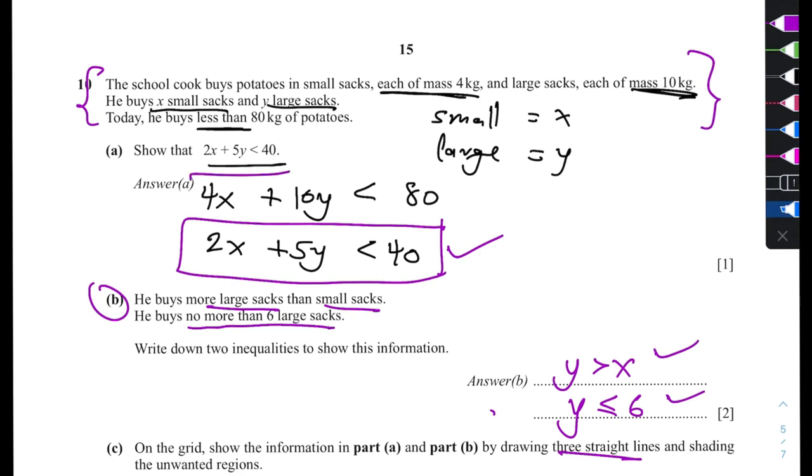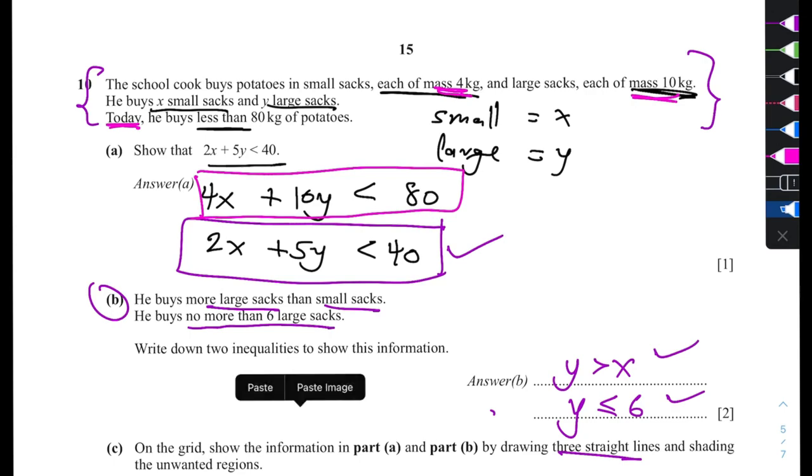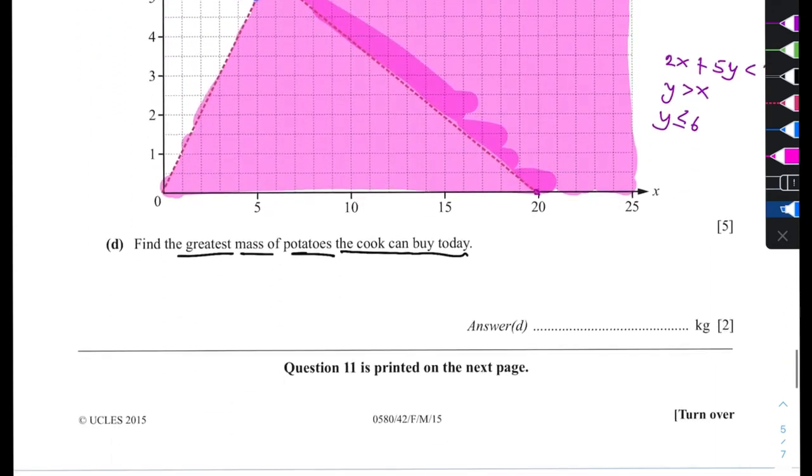Let me change the color. We were able to achieve this inequality based on the mass of potato, the small mass, the large mass that they can buy in a day today. Okay, so this is the inequality: 4x plus 10y is less than 80. That was the inequality. So 4x plus 10y is less than 80.